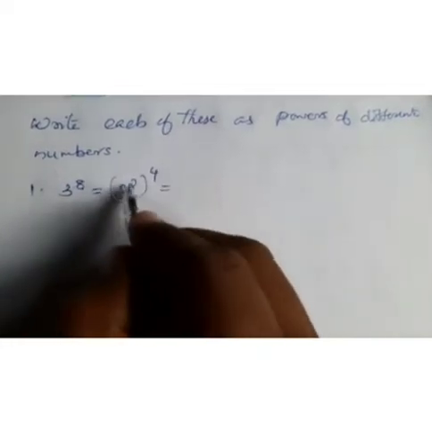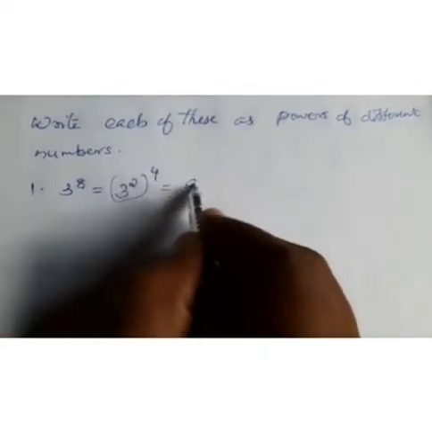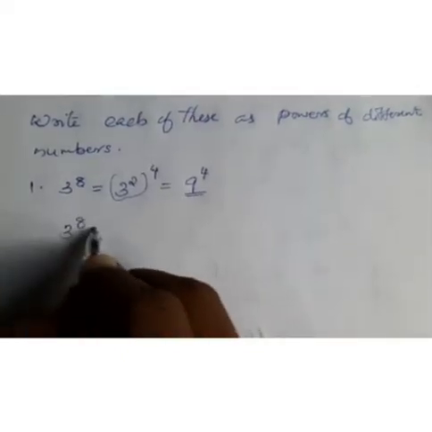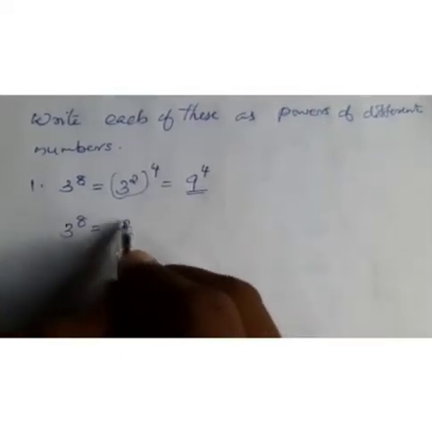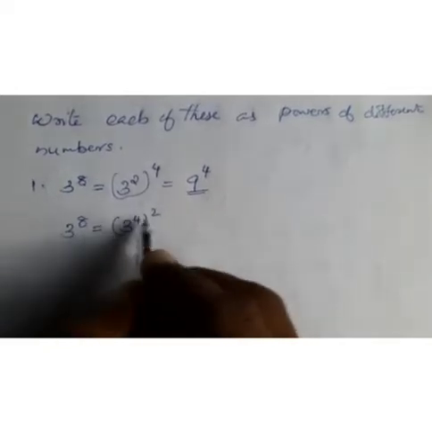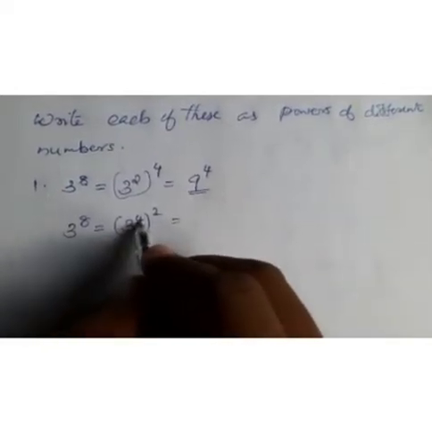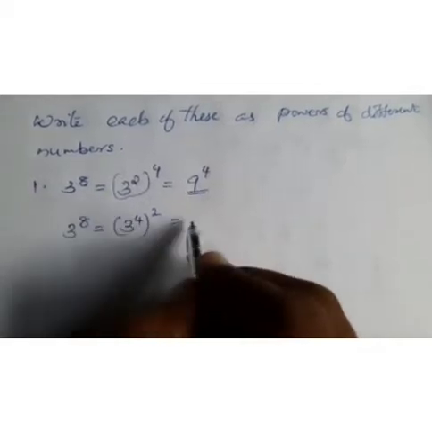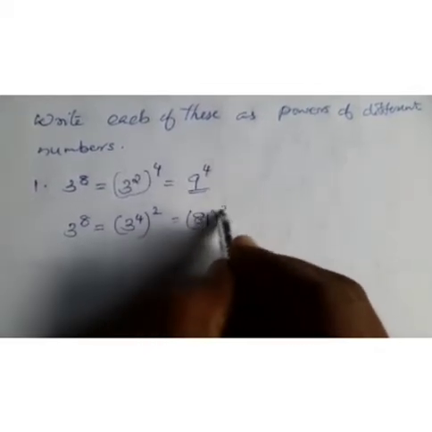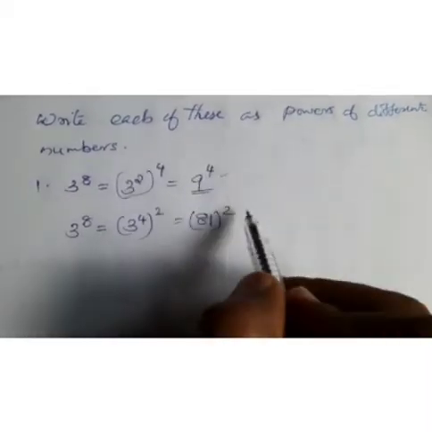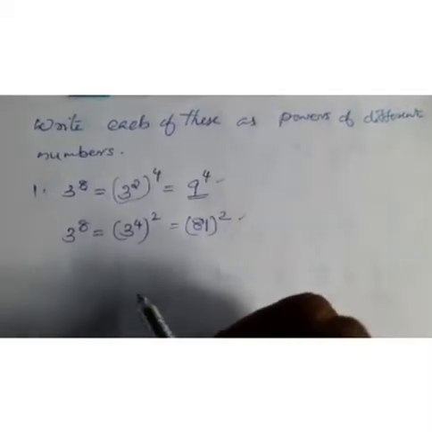What is the answer? 3 raised to 2 is 9. 9 raised to 4 we will get. Then 3 raised to 8 we can write again as 3 raised to 4 whole raised to 2 also. 4 into 2 is also 8. So 3 raised to 4 is how much? 3 should be multiplied 4 times. We'll get 81. 81 raised to 2. So 3 raised to 8 we can write as 9 raised to 4 or 81 raised to 2.